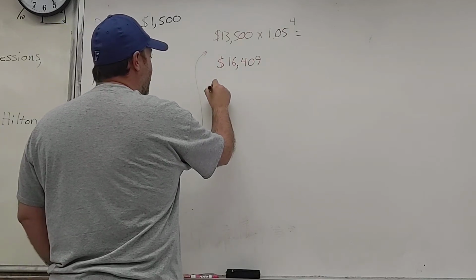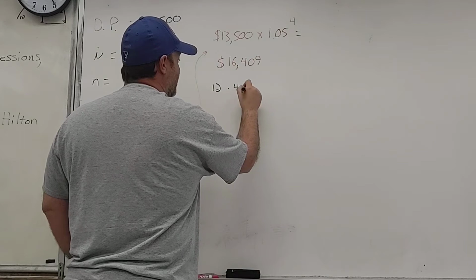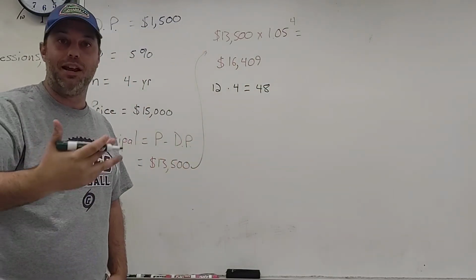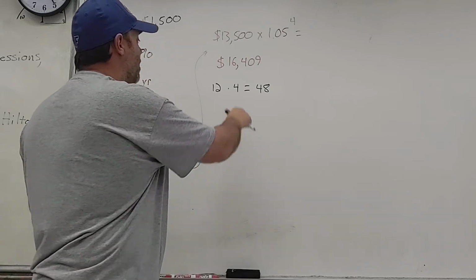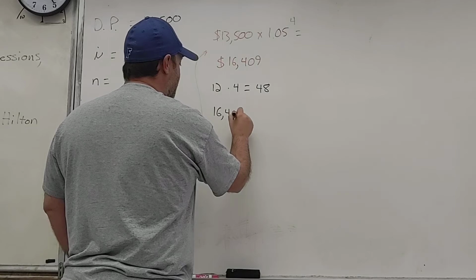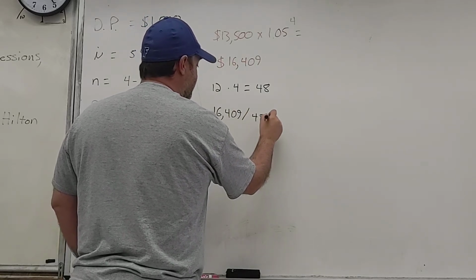So we're going to take our 12 months times, in this case, 4 years, and that's going to give us 48. So we're going to make 48 payments on this. We got 48 months, we're going to make 48 payments. So I want to take that total amount, 16,409 and 33 cents, and divide by 48, okay?